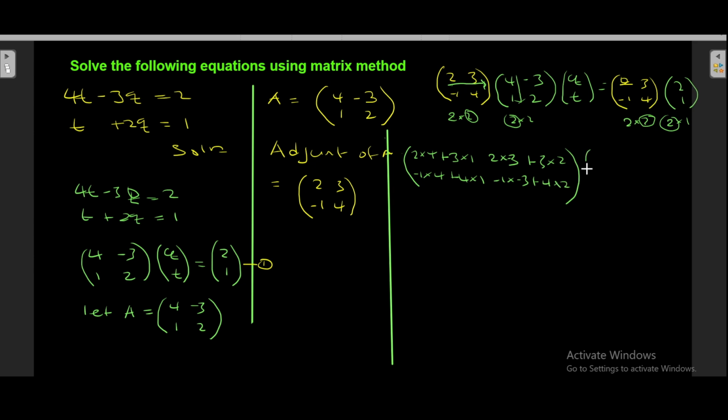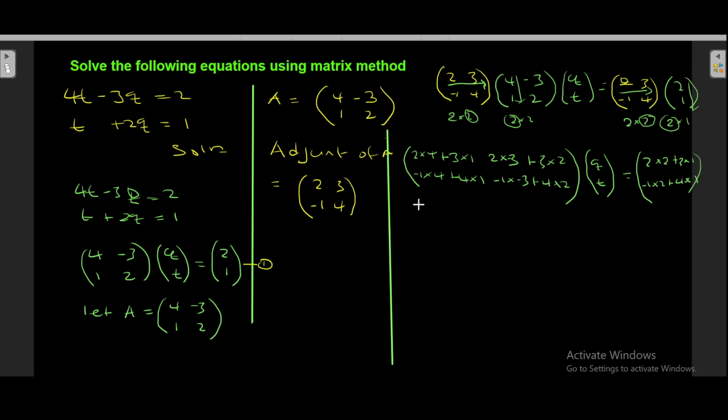Here we maintain q and t as our unknowns. Also, we multiply out this side, row with column. 2 times 2, plus 3 times 1. Also here, negative 1 times 2 plus 4 times 1.